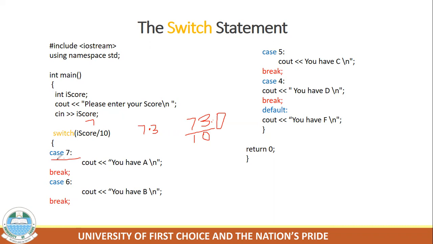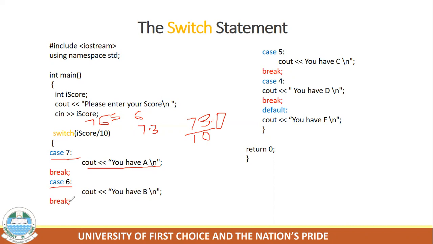When it takes you to the appropriate case, then the statement here will be executed. So you have cout, you have an A. Suppose your score is 65. 65 divided by 10, you will have 6. So it takes you to this case, you have B, and it will terminate, it will exit.